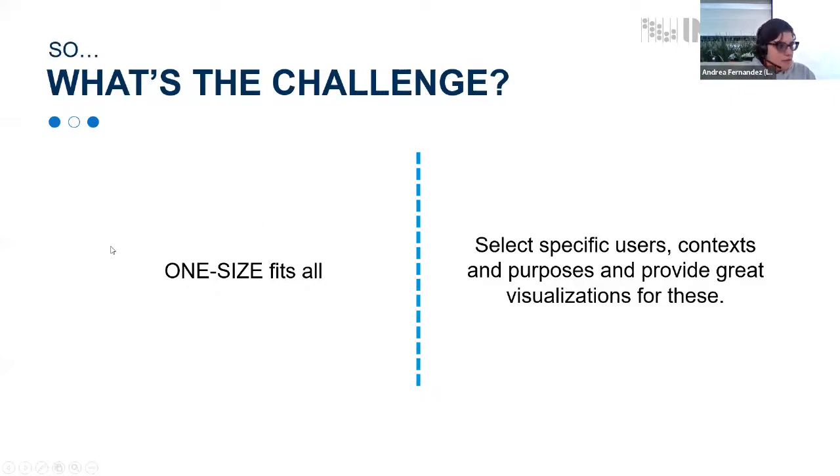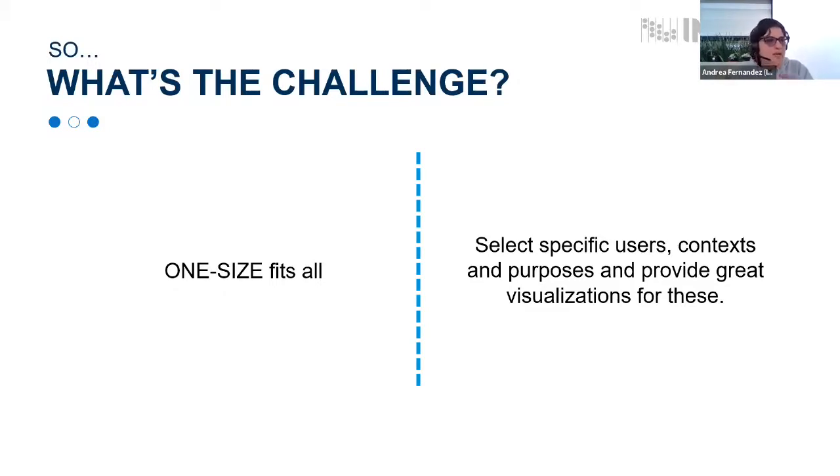We use one-size-fits-all visualizations for specific tools that make certain data types accessible. So we have a tool for indicators, and we are trying to make standards for how different indicators and their domains are shown. That doesn't allow for a lot of context, a lot of purposes. It's a one-size-fits-all strategy.